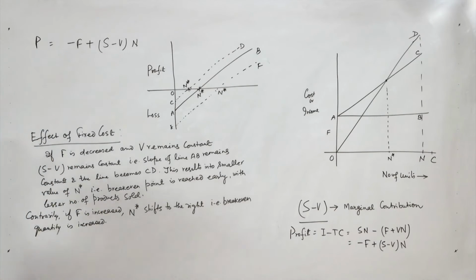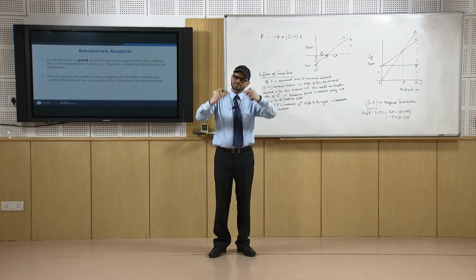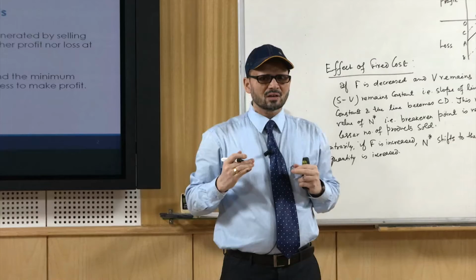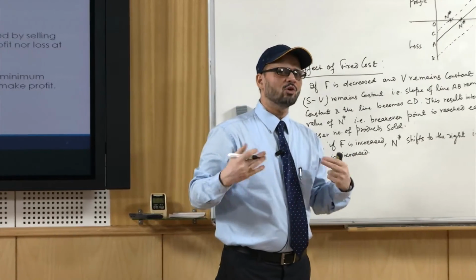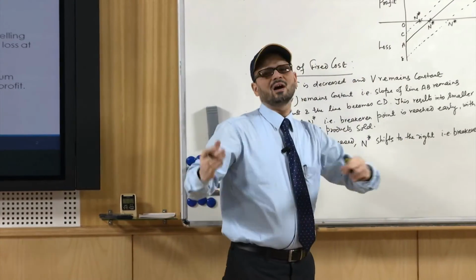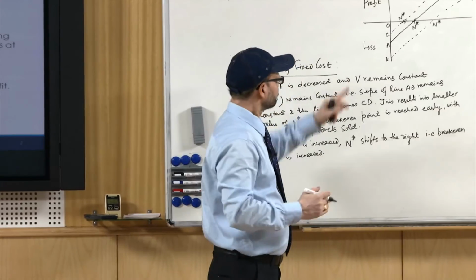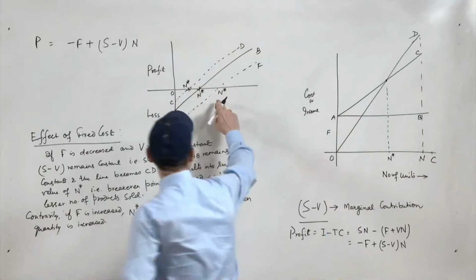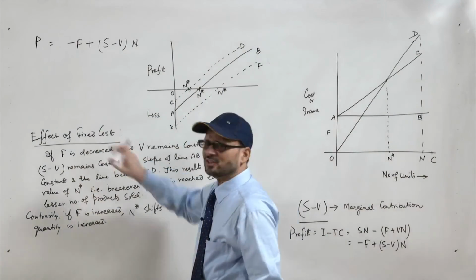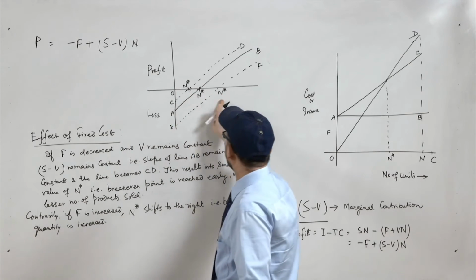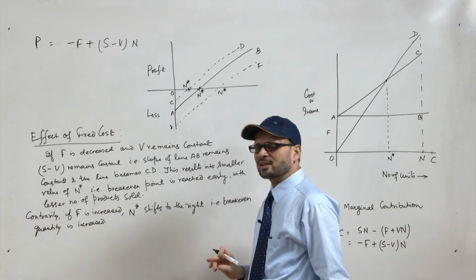So, this is very obvious that if the fixed cost of the asset decreases, you will have a no profit no loss point early, because total cost is decreased. So, that is how we see how a change in the fixed cost changes the position of the break even point.